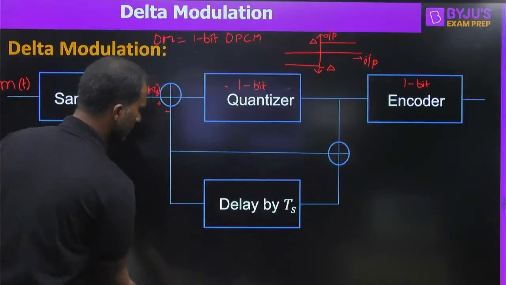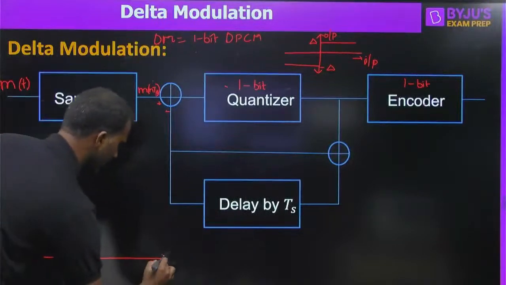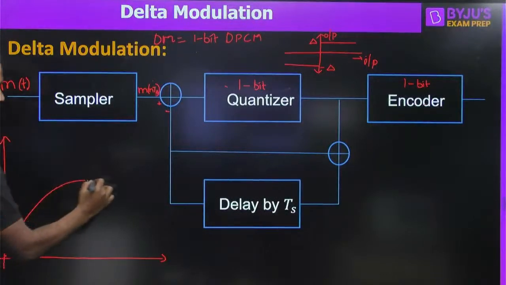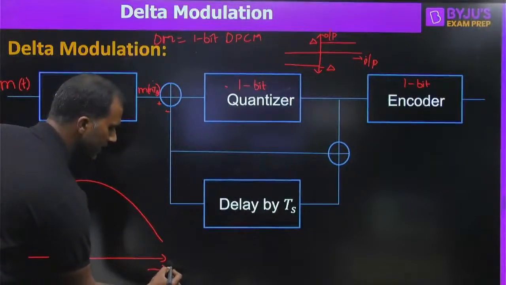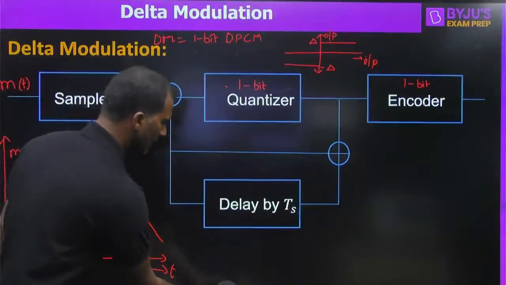Okay. Now let me take some signal. Understand carefully. Some shape I'm taking just for analysis as a function of time. The red signal is the message signal m of t.